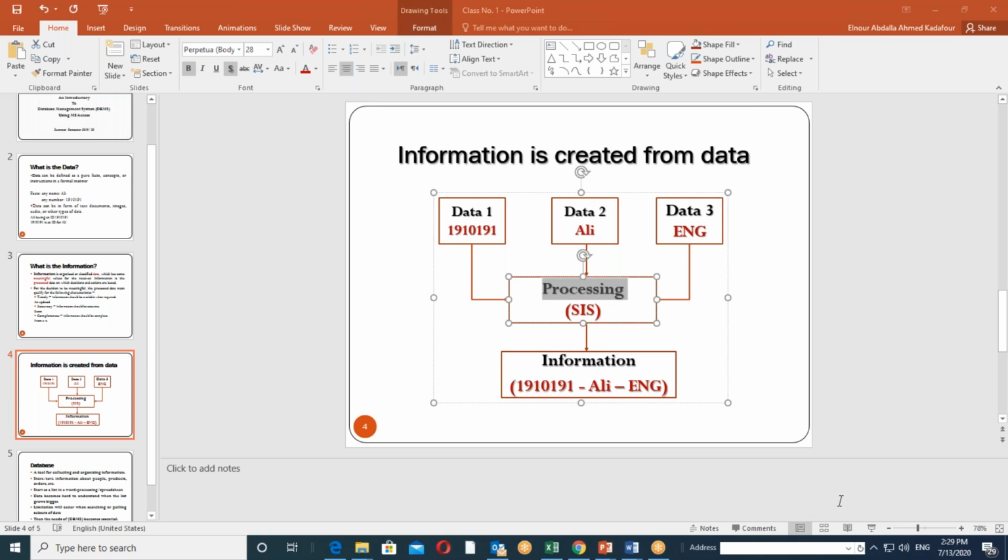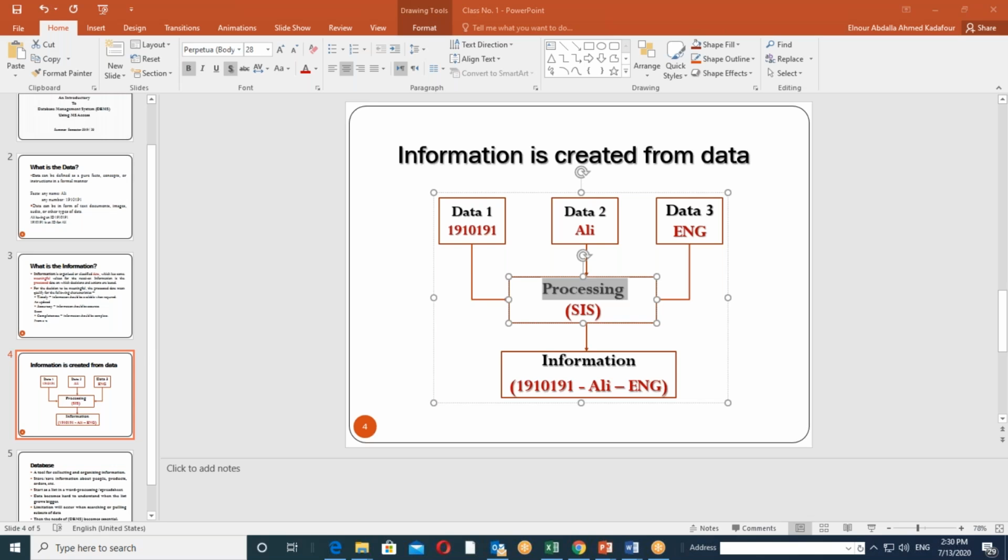Is it clear? Okay, good, good, good. Now, what is the difference between data and information? Anybody can write or can talk. What is the difference? The difference between data and information.